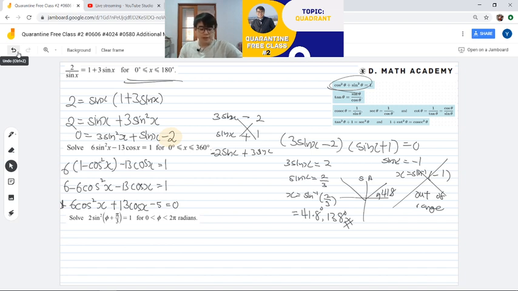Okay, same thing over again. So you will have 6 cosine x, and then use 6 to change it into 3 and 2. Cross multiply.